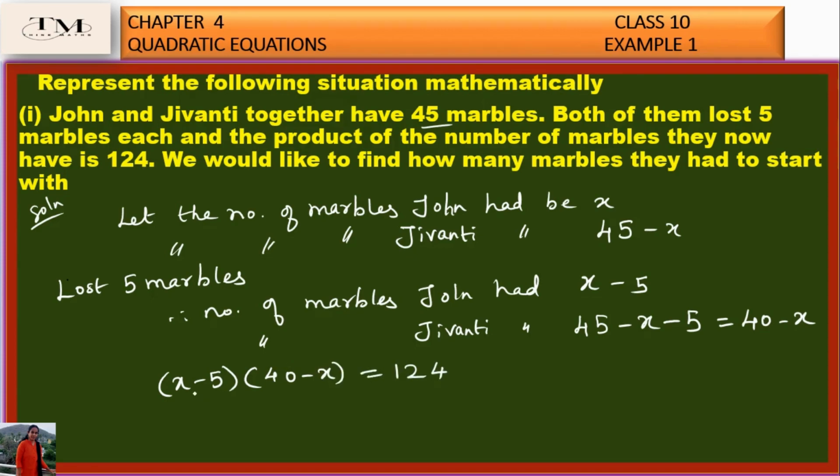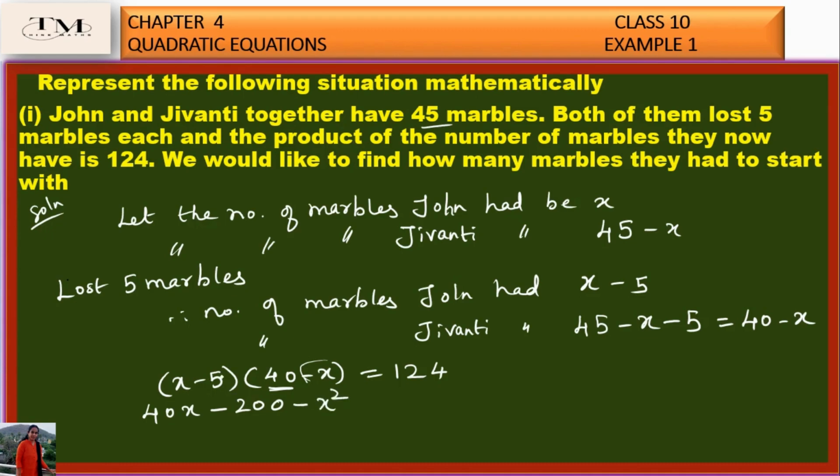So we have to multiply this. First we multiply with 40. x into 40 is 40x, minus 5 into 40, which is 200. Next we multiply with minus x. Minus x into x is minus x square.